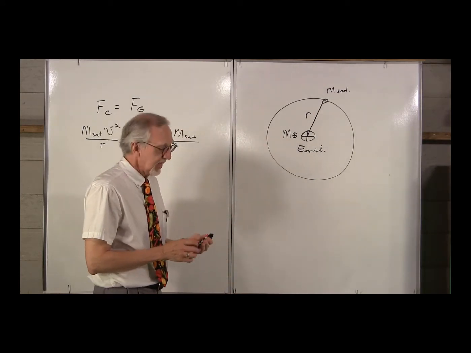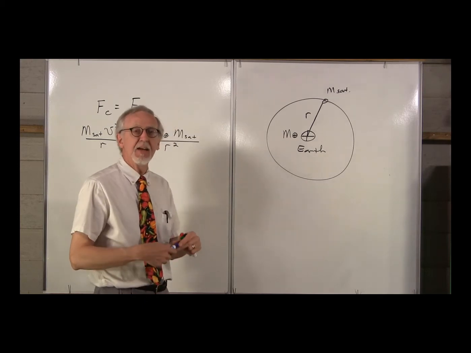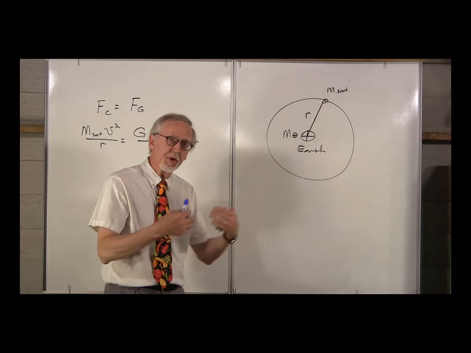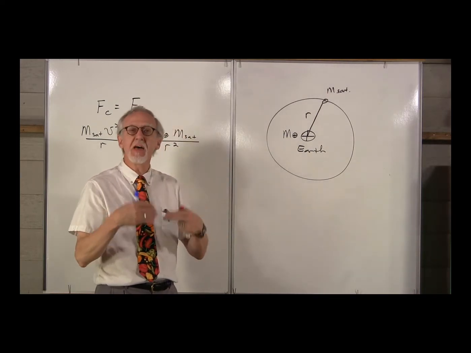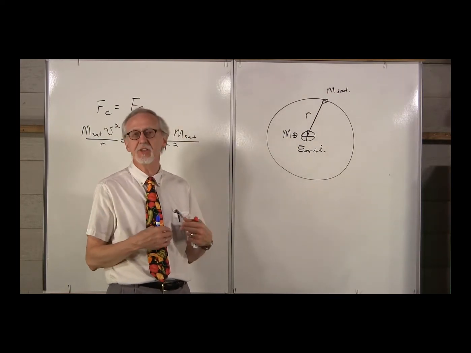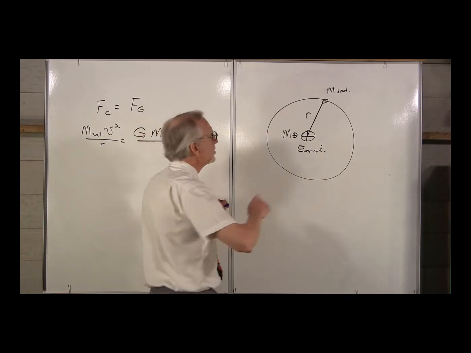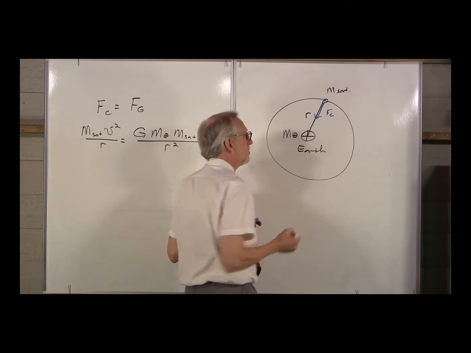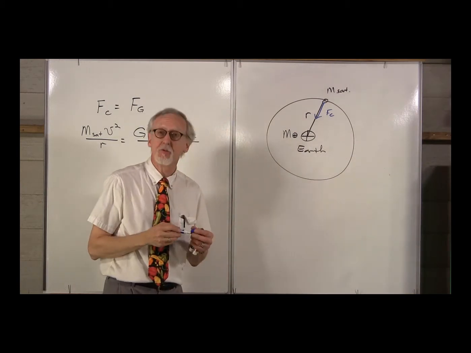We want the force acting on the satellite, the force that's actually keeping it in orbit, which is the centripetal force pulling it towards the center. That force is going to be the gravitational attraction between the Earth and the satellite. So the centripetal force acting on the satellite toward the center of the motion is going to be gravity.